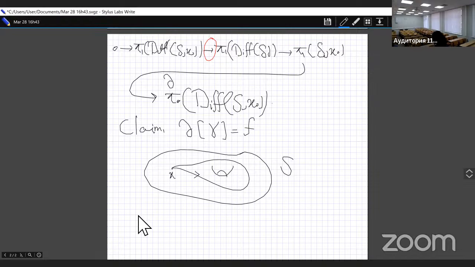Basically, what you're saying is that if gamma has no self-intersections, then delta of gamma is the Dehn twist along gamma. Yeah, exactly. What if gamma is allowed to intersect itself?